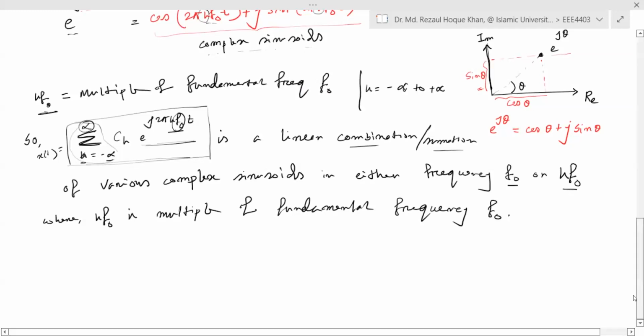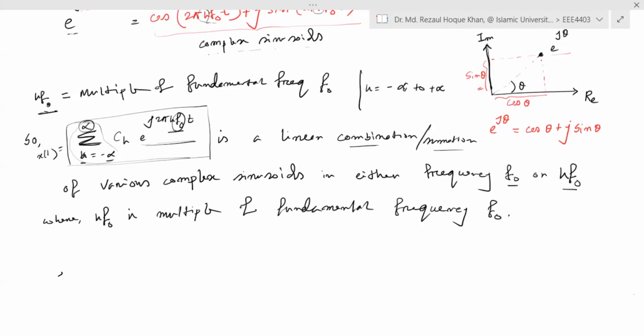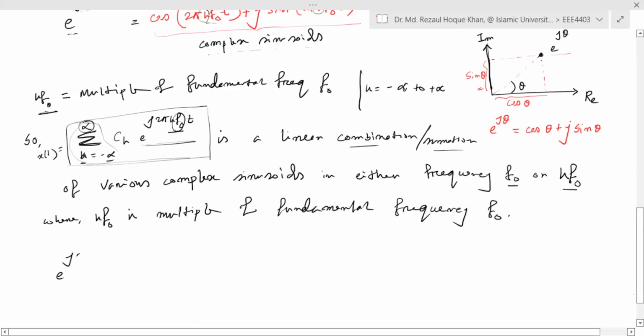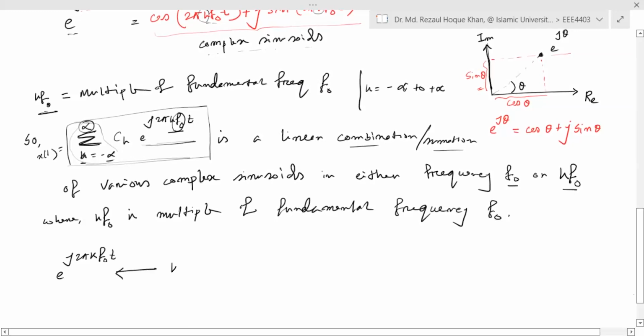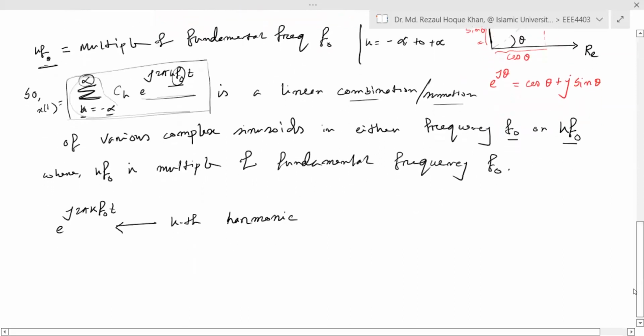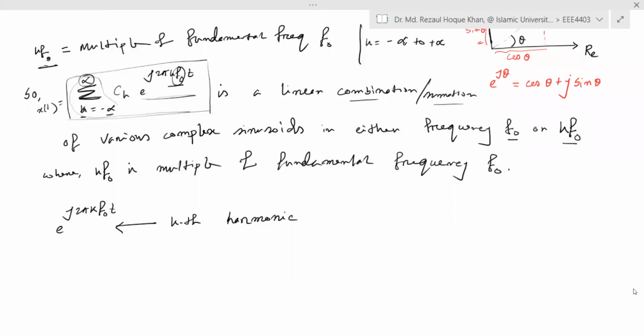Okay, now we can say that e to the power j 2 pi kf0 t is the kth harmonic. Because a periodic signal is a linear summation of its harmonics.